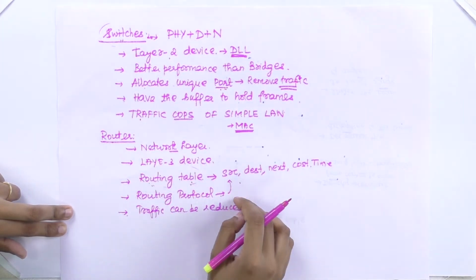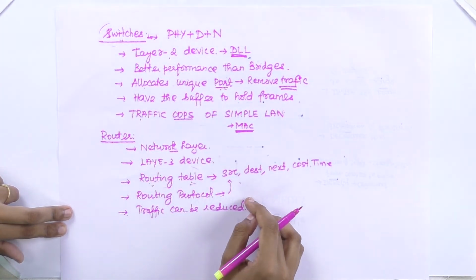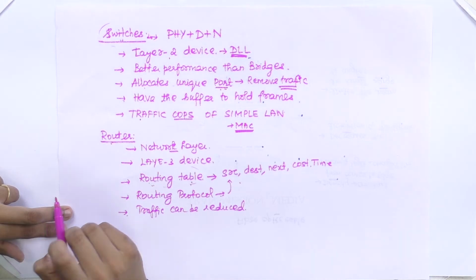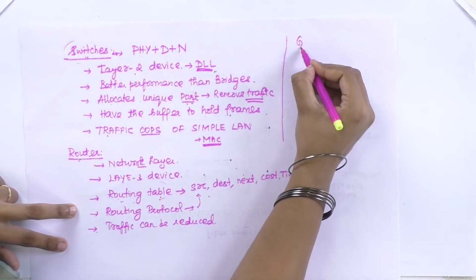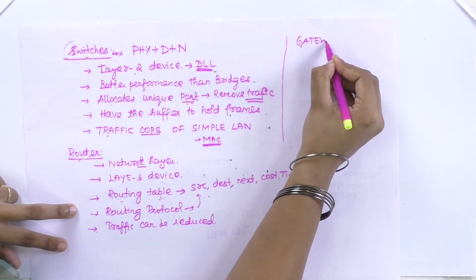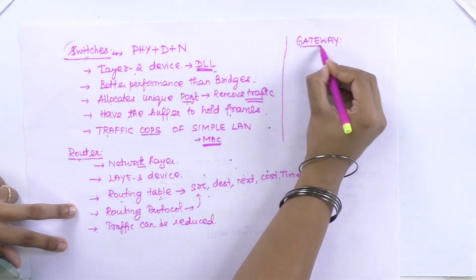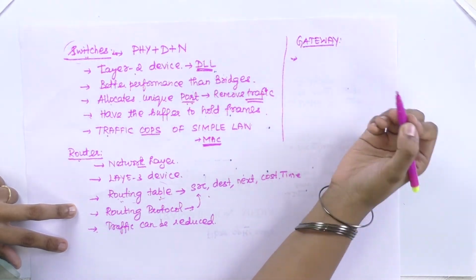So these are all the characteristics of your router. The final one will be the gateway. Normally, if I say gateway, it means I must have some entry point and some exit point.